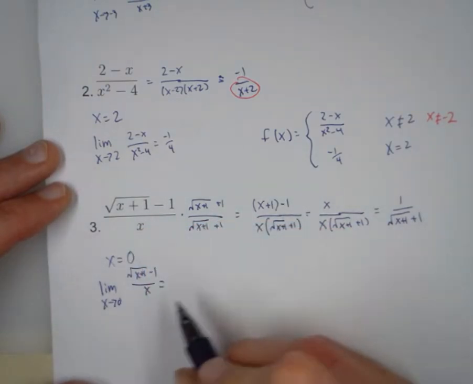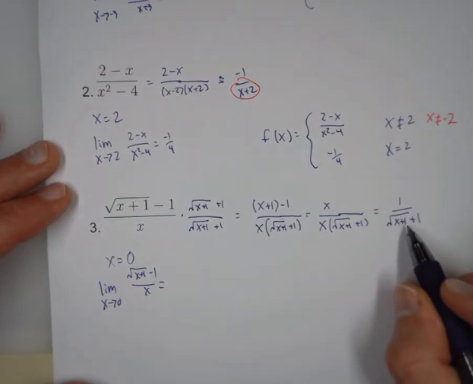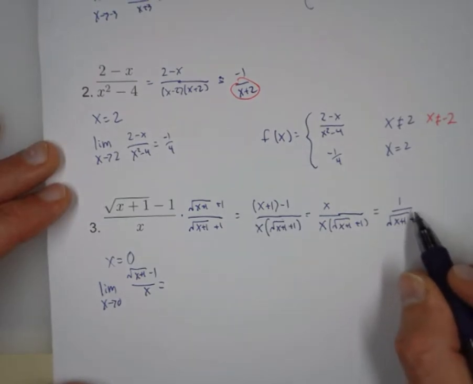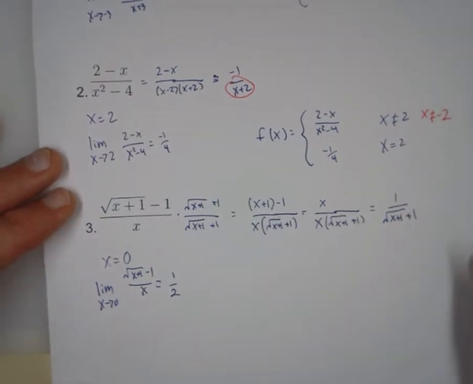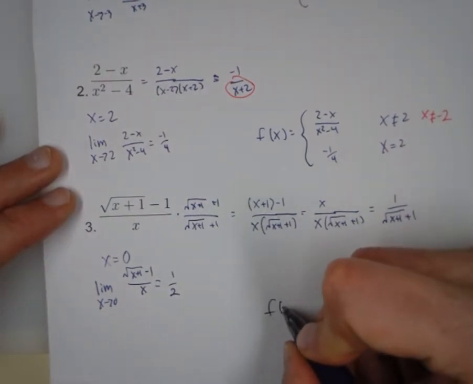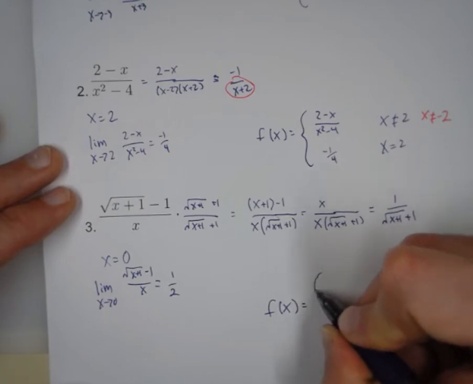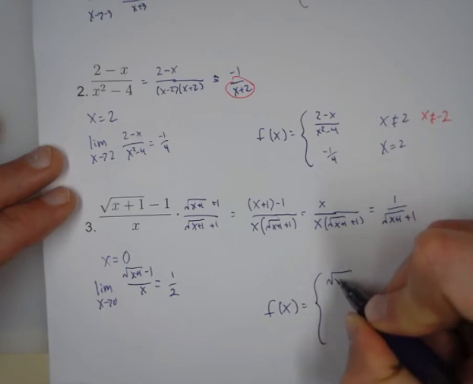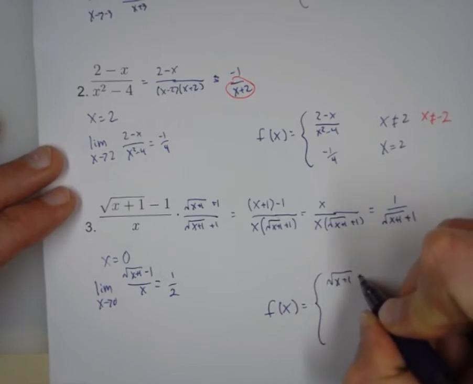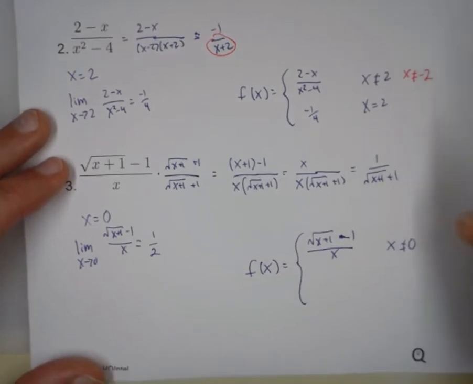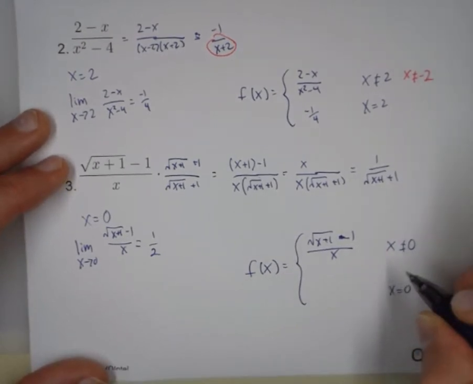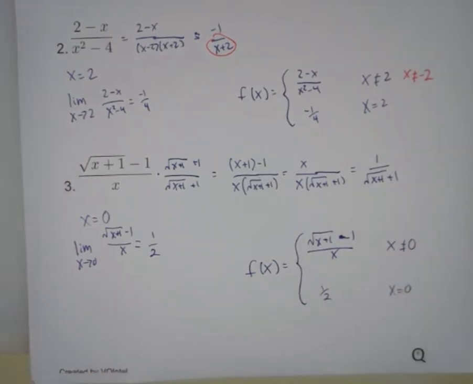So if I plug in 0 here, I get square root of 1 over square root of 1 plus 1, so I get 1/2. So when I write this, square root of x plus 1 minus 1 over x, when x does not equal 0. And then when x does equal 0, it's 1/2.